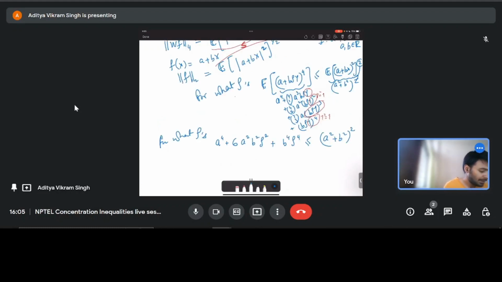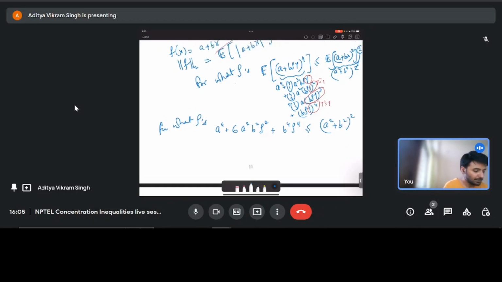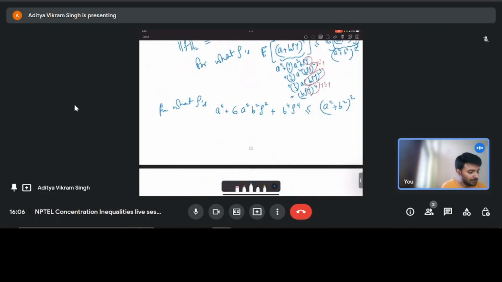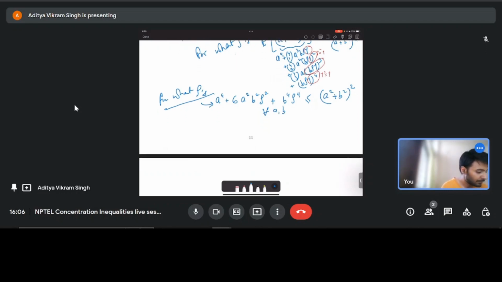Okay, and so let's see, suppose we take rho equals 1, what happens then? This holds for all a, b because we are interested in all functions, right? So this should hold for all a, b if you want to say that it is hypercontractive for a given rho.